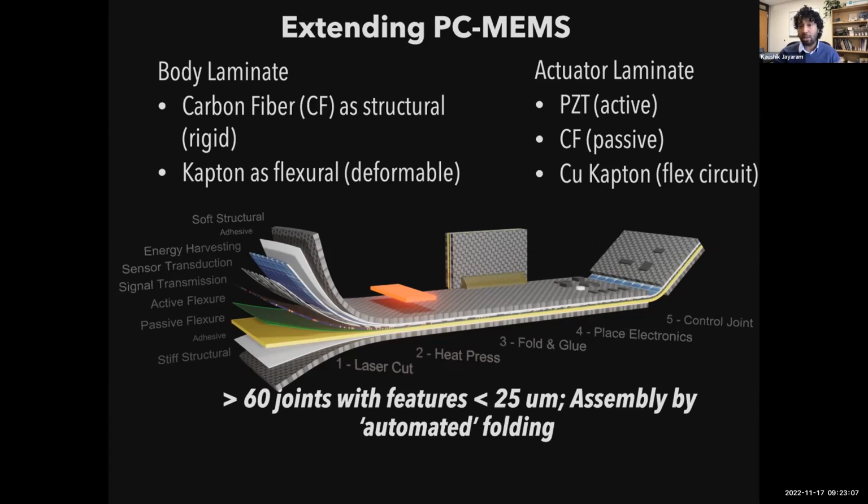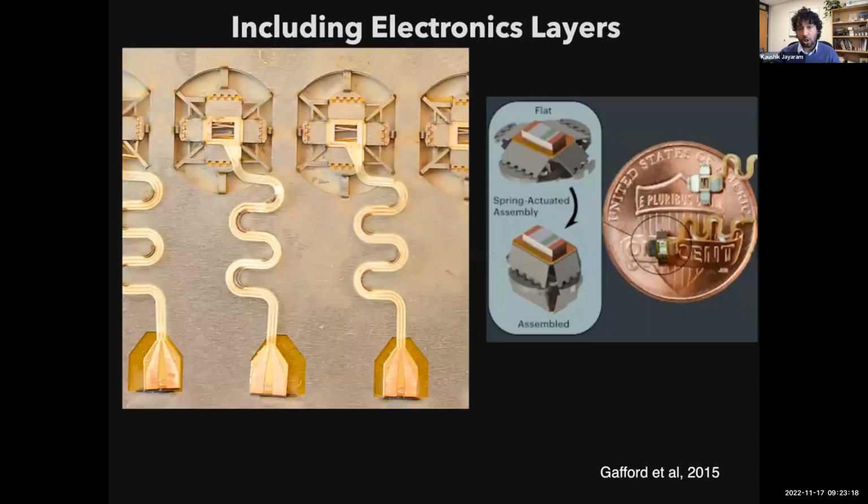Then we have a passive element, which is your carbon fiber. We have some circuit elements and signal transmission layers, which are basically copper Kapton layers laminated with the entire structure. And there is some really nice work on medical devices and sensors from Rob Wood's lab.